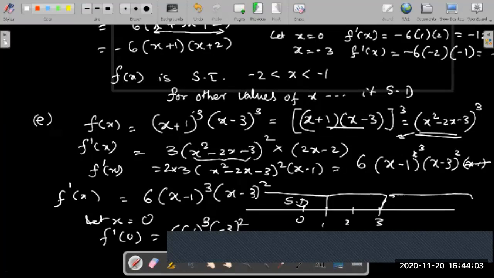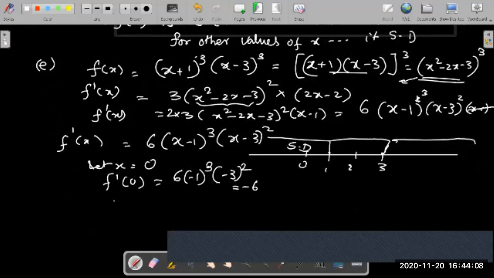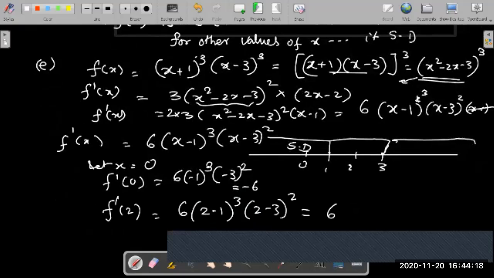So between 1 and 3, I'll give 2, f dash 2. So f dash 2 will be 6 into 2 minus 1 whole cube, 2 minus 3 whole square. So this will be 1 cube into 1, so 6 into minus 1 whole square, so it is 6. So here also it is negative. That means it is strictly decreasing here also.